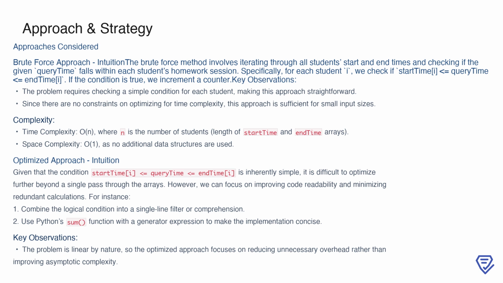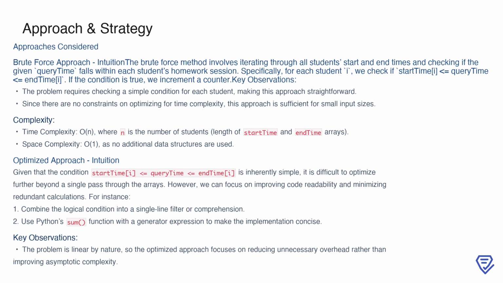If it is, we increment a counter to keep track of how many students are working at that specific time. This method is intuitive and works well for small input sizes, as it directly addresses the problem requirements without additional complexity. Since the task involves simple comparisons for each student, the time complexity of this approach is O(n), where n is the total number of students, and the space complexity is O(1), because no extra data structures are used.